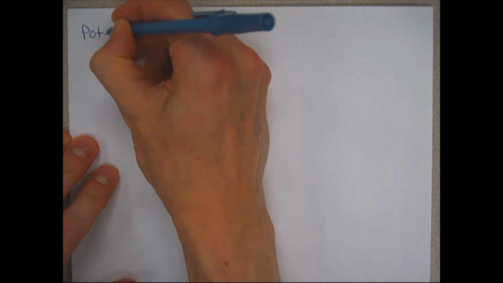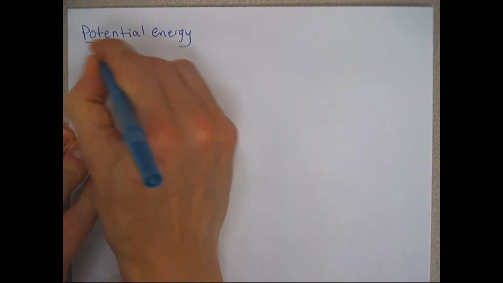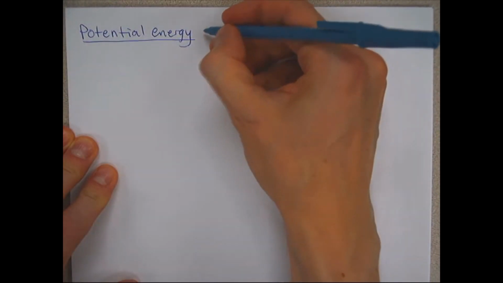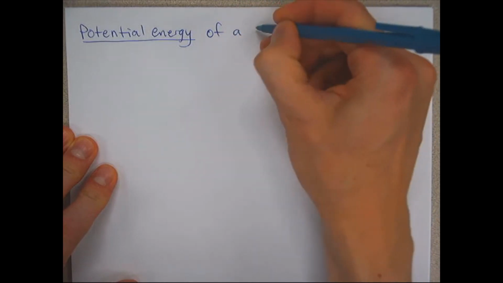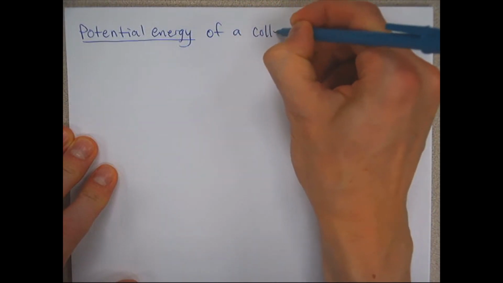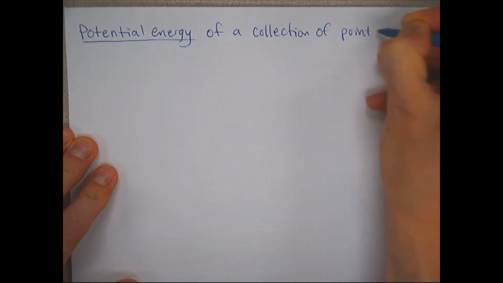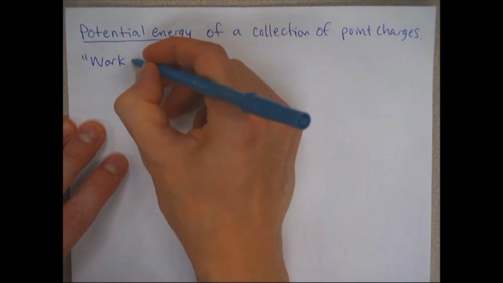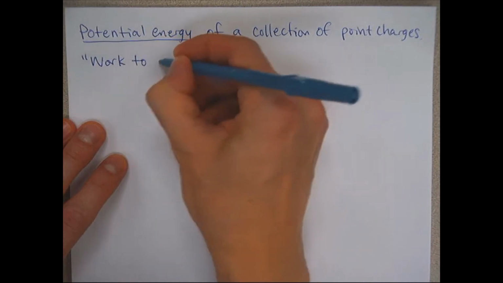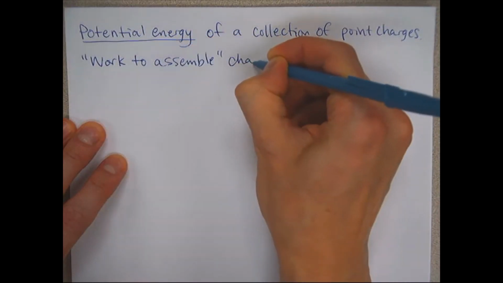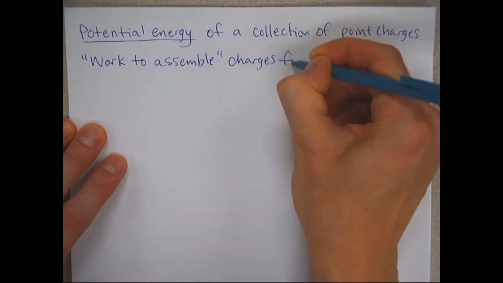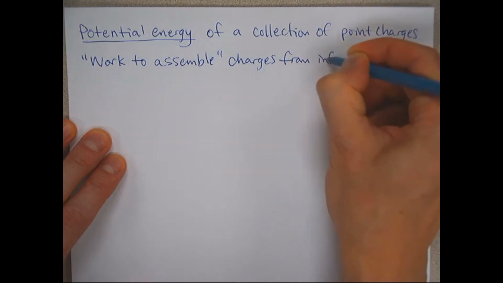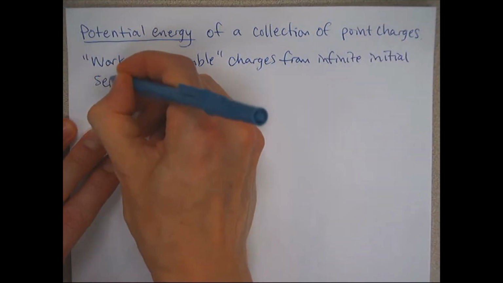Of point charges. The logical extension would be to ask, what's the potential energy of a collection of point charges? We should define a concept called the work to assemble charges from infinite initial separation.